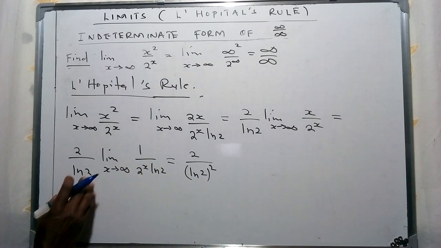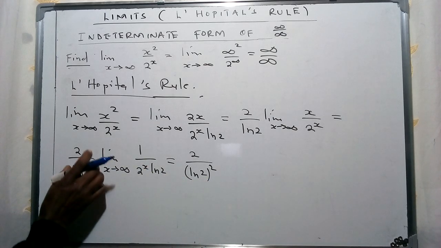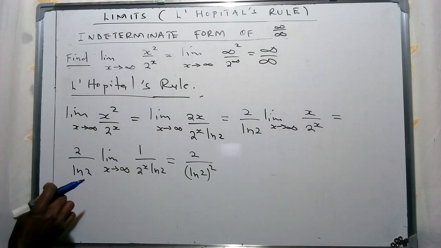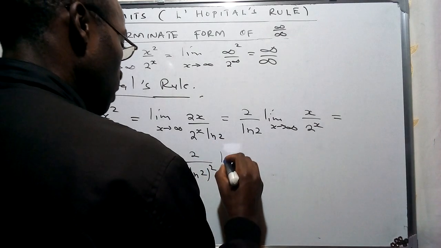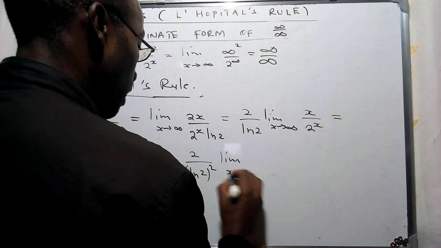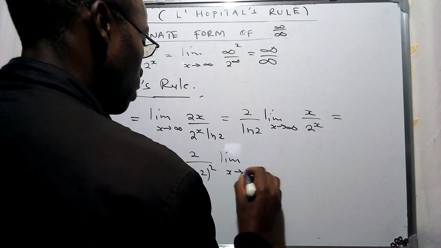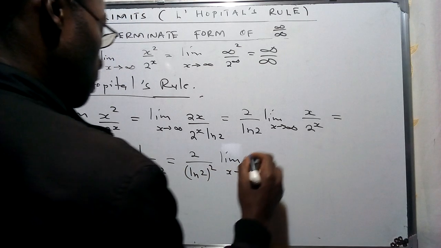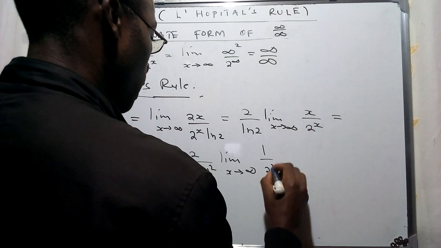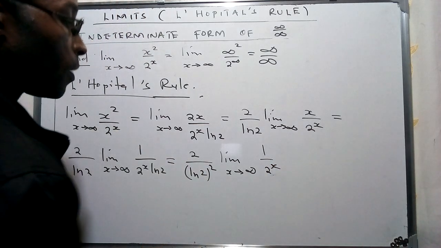We take the coefficient as 1 over the natural logarithm of 2, which implies we have the square of this section, and we remain with the limit as x tends to infinity of 1 over 2 to the x given as such.